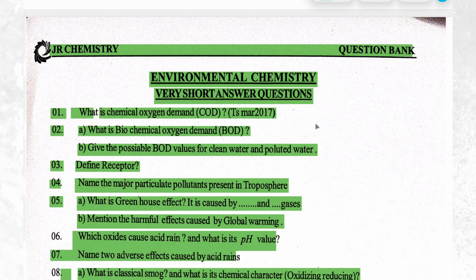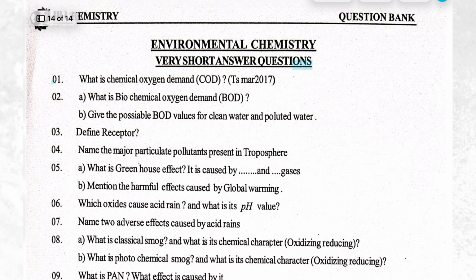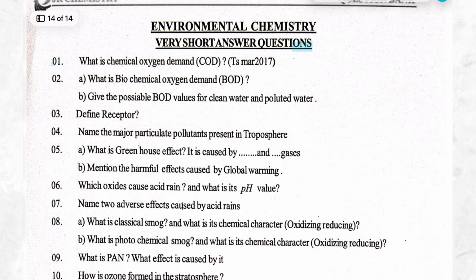Last but not least, come to the last, that is environmental chemistry. In environmental chemistry, all VSQs are important. I won't say this important, that important, all are important. You can take a screenshot first. I will show you clearly. See, COD, BOD, right? Next one, what are the pollutants?